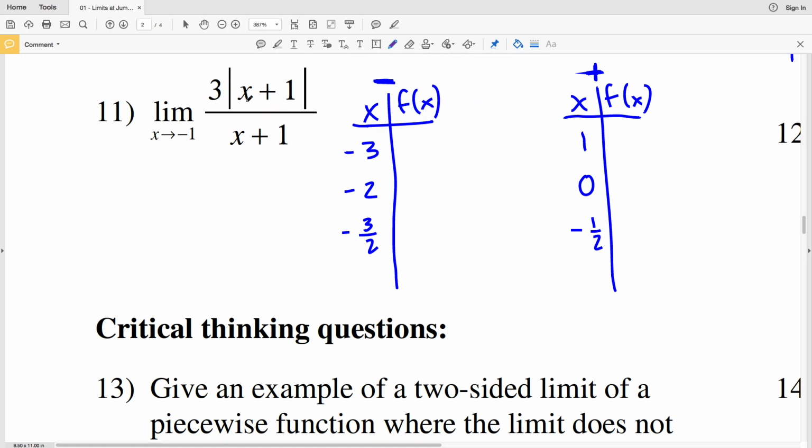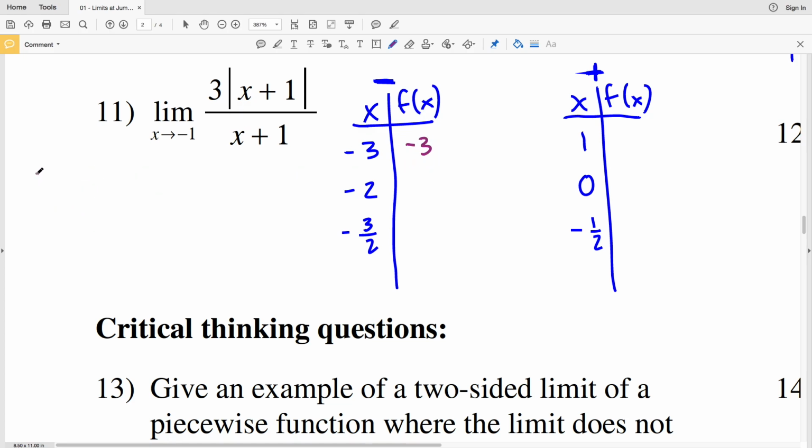Plugging in negative 3 for x, we'll have 3 times the absolute value of negative 3 plus 1 all over negative 3 plus 1. The absolute value of negative 3 plus 1 is the absolute value of negative 2, which is a positive 2. So 3 times 2 all over negative 2. 3 times 2 is 6. 6 divided by negative 2 is a negative 3.